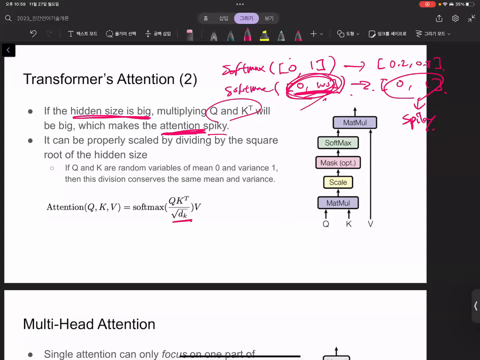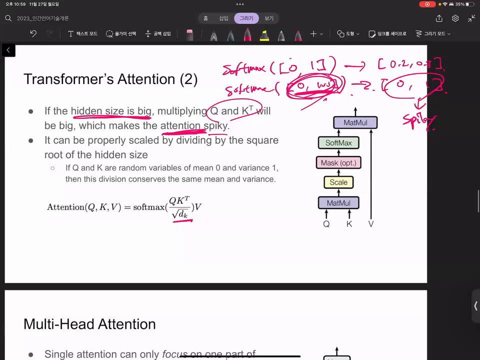By dividing by the square root of d_k. That means it can be properly scaled by dividing by the square root of the hidden size. If q and k are random variables of mean 0 and variance 1, it can be proved that this division conserves the same mean and variance.